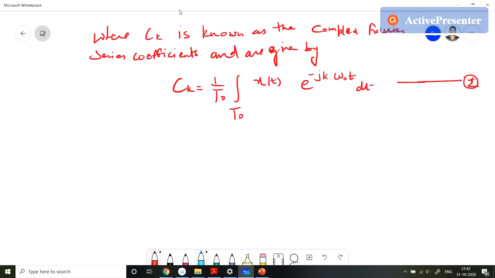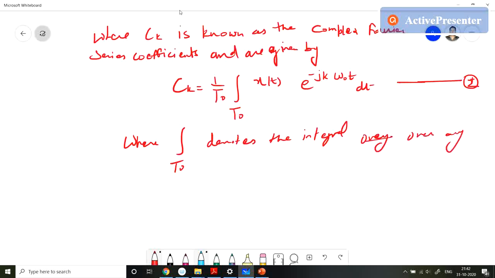Where this integral denotes the integral over any one period T naught.